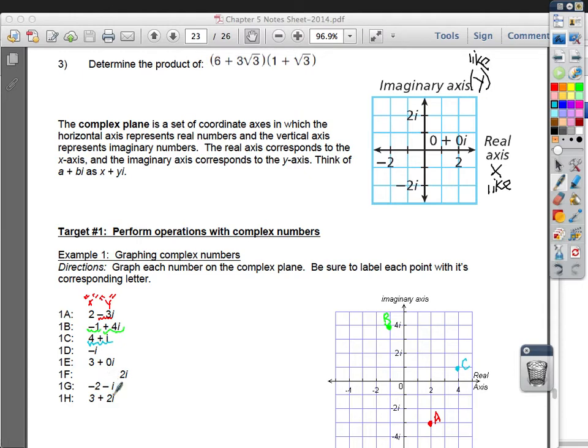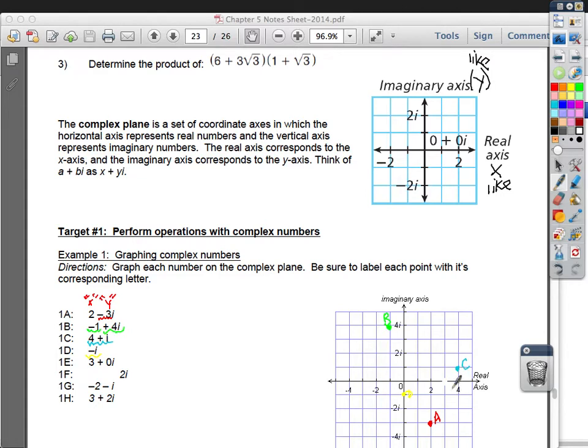Finally, I don't know, are there any tricky ones? Let's just do one more. Let's go yellow, so you can't see it. I'll graph the last one in white. -1i, well, you go 0 on the real axis, so I'm not going to move horizontally at all, and then I just go down right here. That would be D. Graphing in white, 3 plus 0i is just going to be over 3 and then up none.